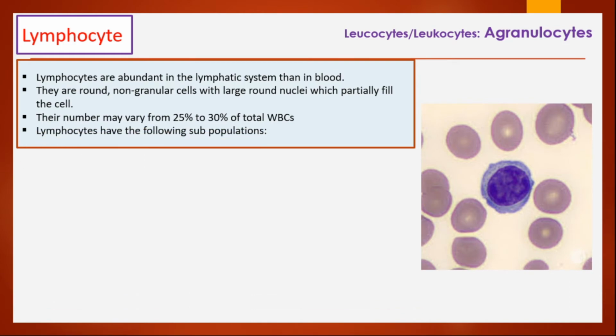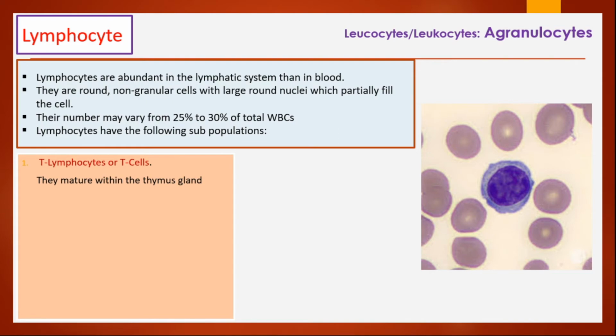Lymphocytes have the following two subpopulations. Number 1, T lymphocytes, also known as T cells. They mature within the thymus gland, hence the name T cells. They are responsible for cell-mediated immunity.